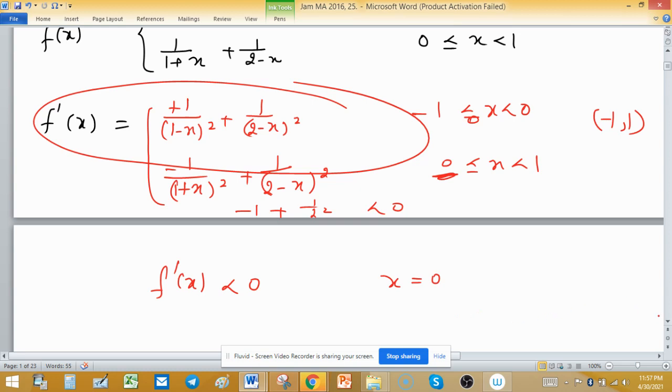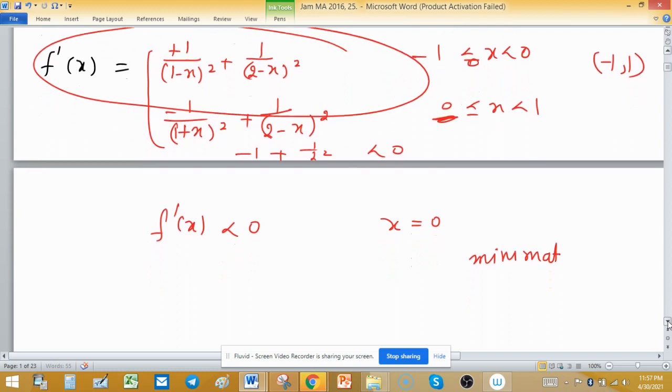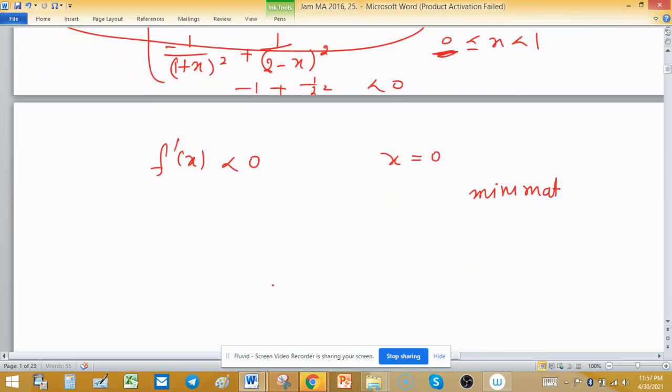It means minimum value, because the function is increasing from -1 to 0, like this or this way.